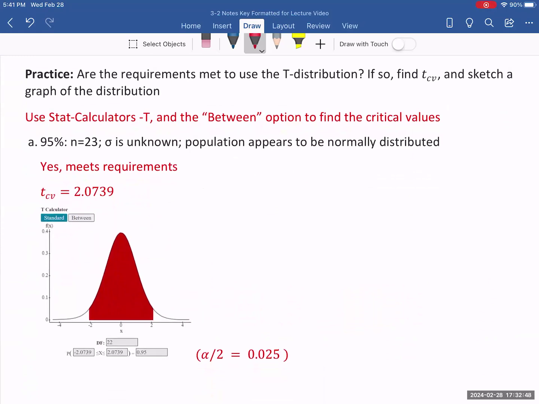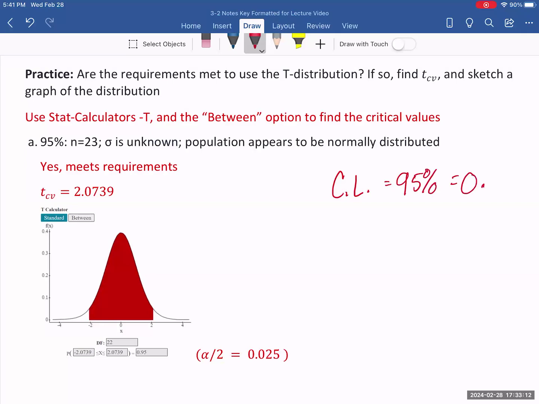First, are the requirements met to use the T distribution? And if so, find the critical value and sketch a graph of the distribution. The first one here, I want a 95% confidence level. That's the confidence level, 95%.